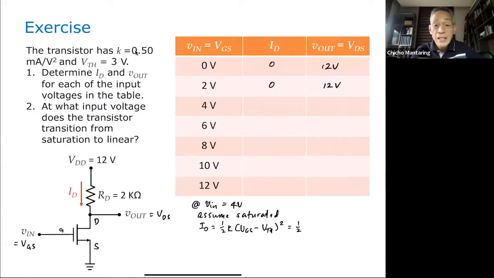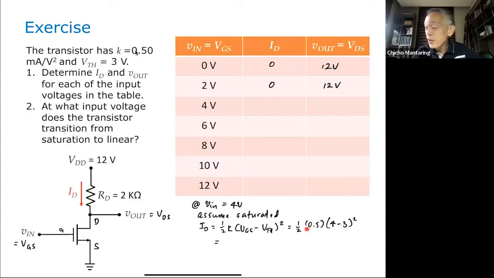So ID is 1/2 K VGS minus VTH squared, no? So that's 1/2 times 0.5, no? VGS is 4, VTH is 3, squared. No? And I'm going to get ID is equal to 0.25 mA, no? Because 4 minus 3 is 1, 1 squared is 1.